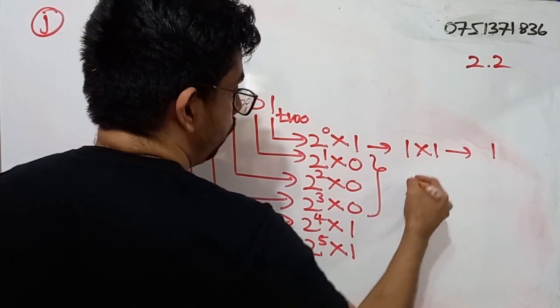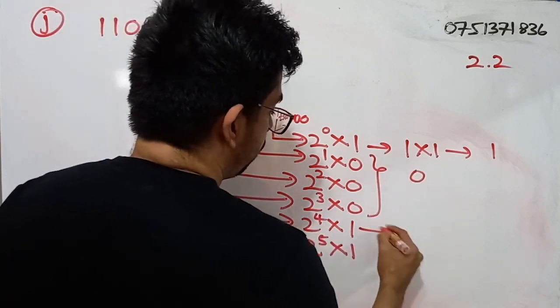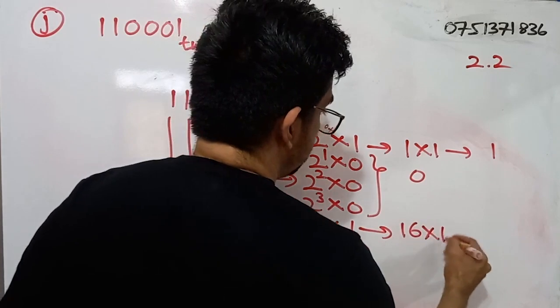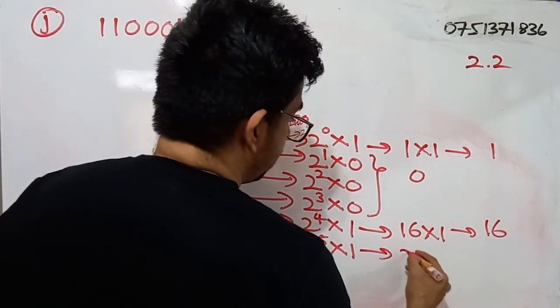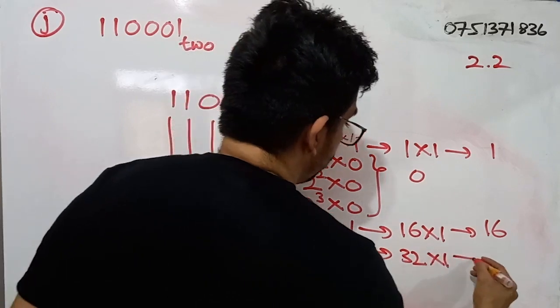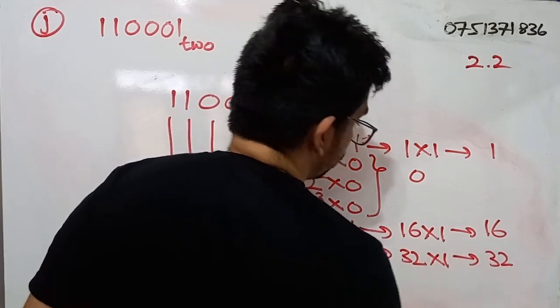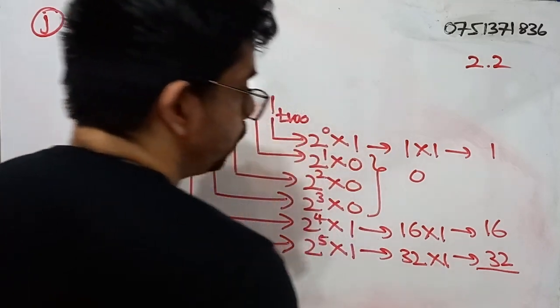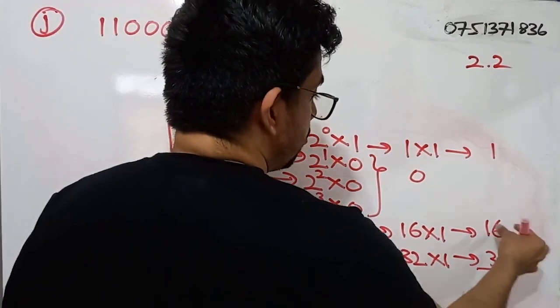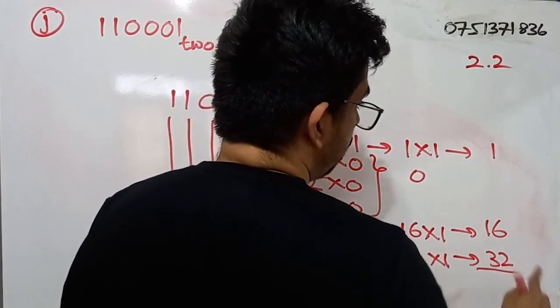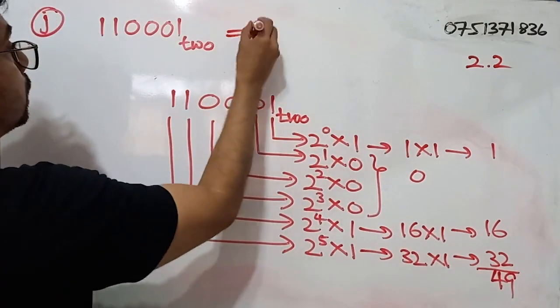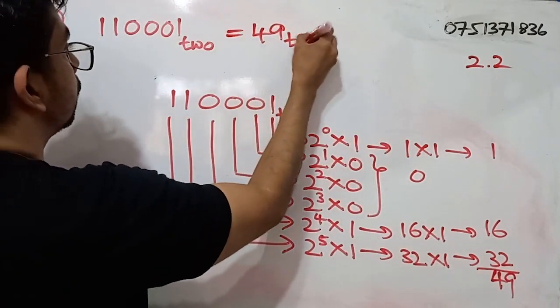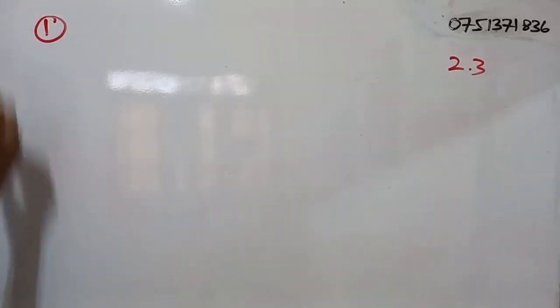So these three values will be 0. 2 to the power 4, it will be 16. 16 into 1 will be 16. 2 to the power 5, that is 32. 32 into 1, it will be what? 32. So when we add these values together, 32 plus 16, it will be 48. 48 plus 1, it will be 49. So this is equal to what? 49.